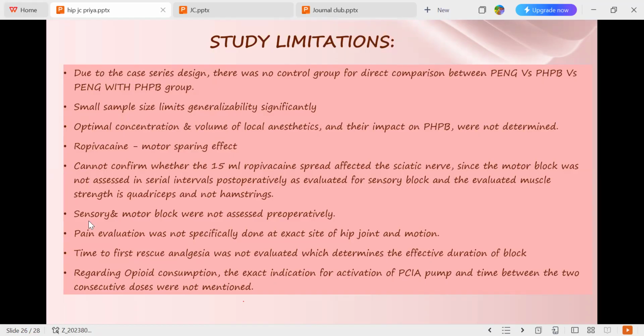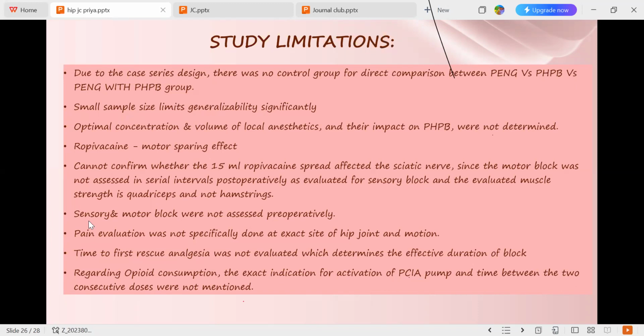Even without PENG, how much is the percentage of patients complaining of pain with only the PHBB block? That was missing. Next is the small sample size, so that we cannot generalize it. And the optimal concentration and volume of local anesthetic: more studies are required to find out the exact concentration and volume of local anesthetic required, so that the motor sparing effect is such that it doesn't involve the sciatic nerve and affect mobility.